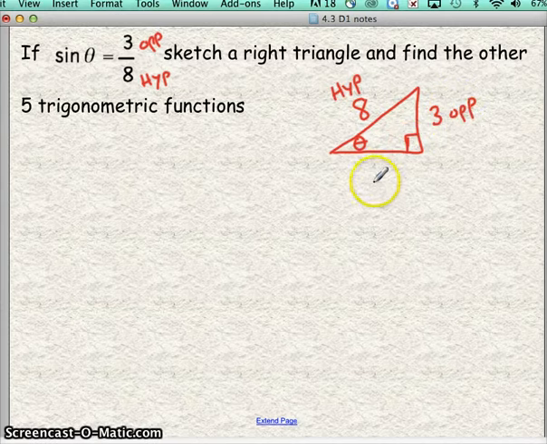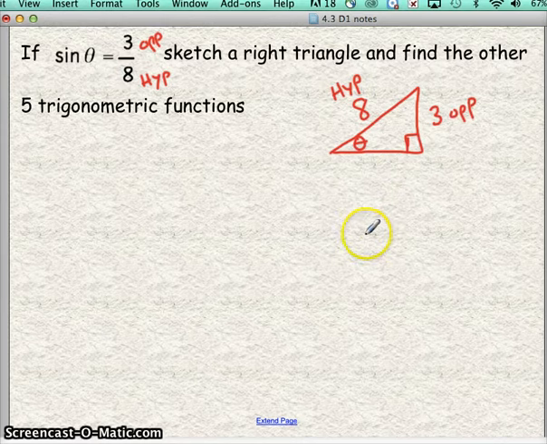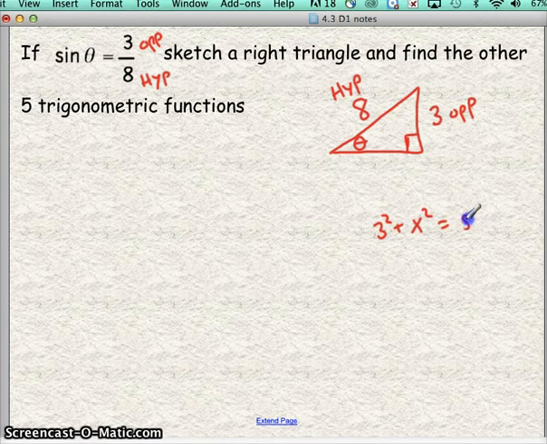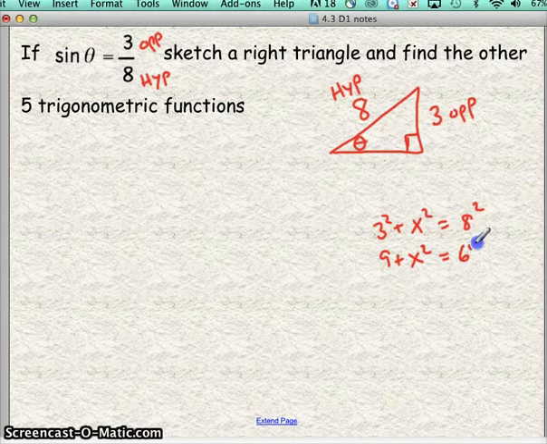I'm probably going to need to find this adjacent side. So Pythagorean theorem would be 3 squared plus x squared equals our hypotenuse squared. Make sure that you set that up right. The hypotenuse squared is the one that's all by itself. So 9 plus x squared equals 64.